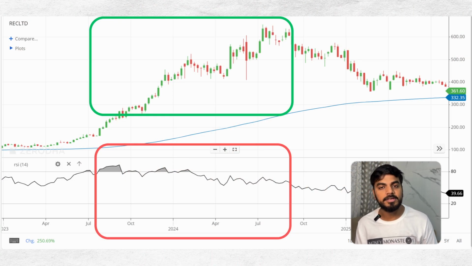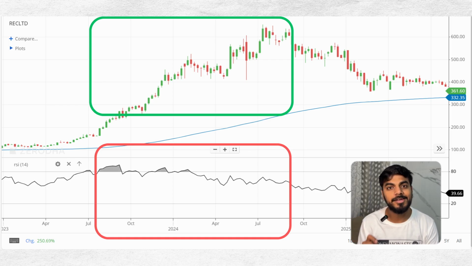So basically, if the RSI is making lower lows but the price is making higher highs, that means these two are diverging from each other, and this is a clear signal that you should get out of that stock or any kind of investment.